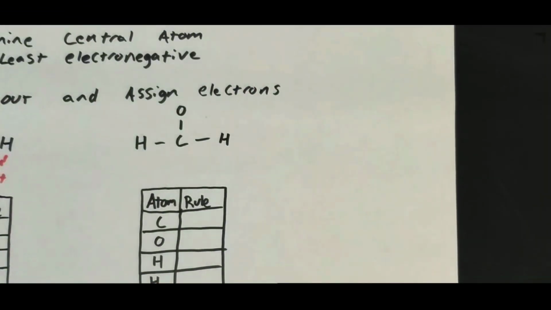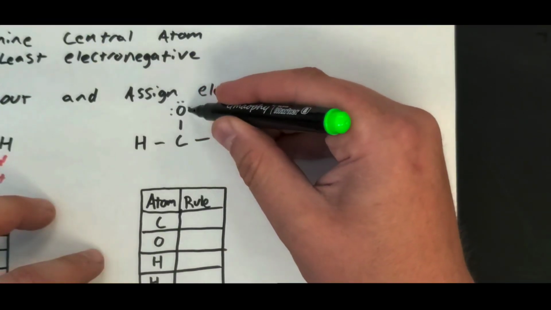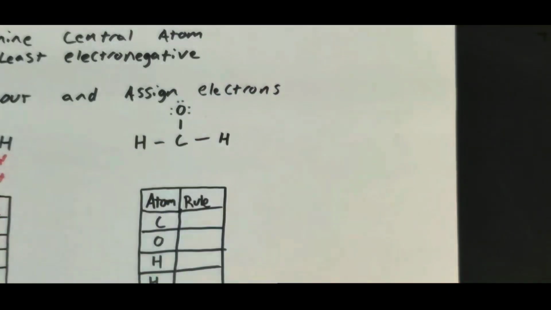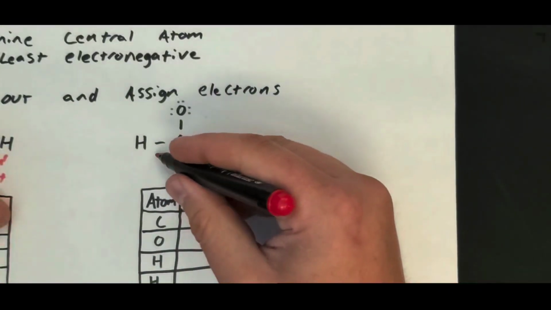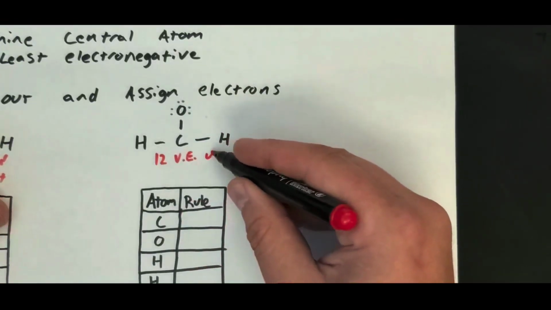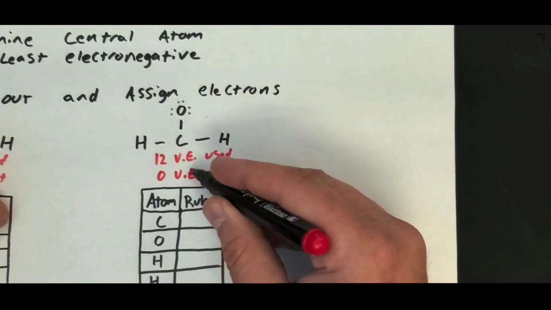So that will be 1, 2, 3, 4, 5, 6. There's none left over, so we've used all 12 valence electrons.